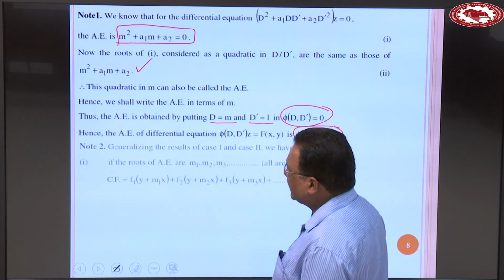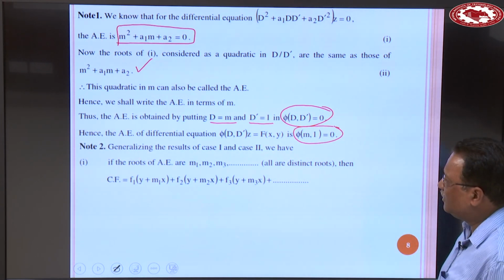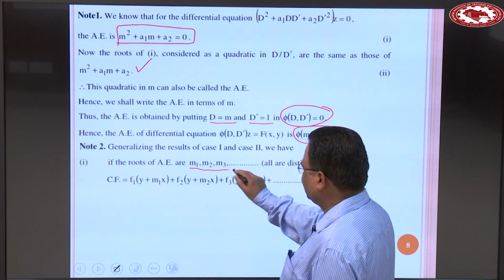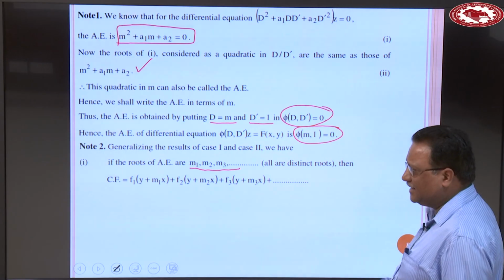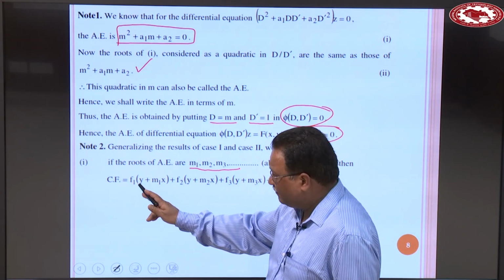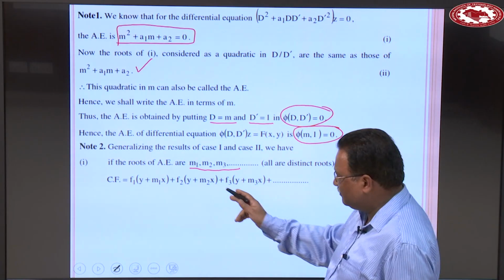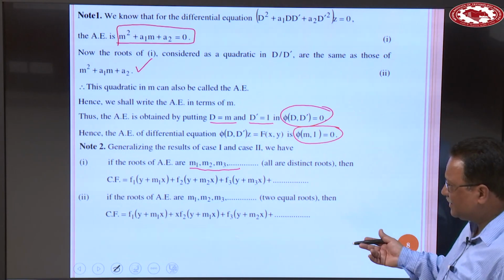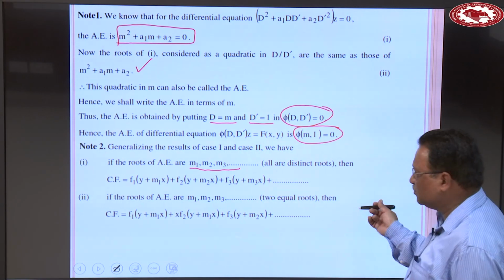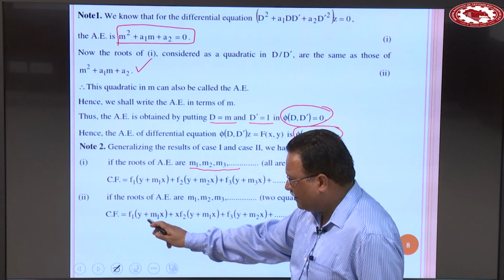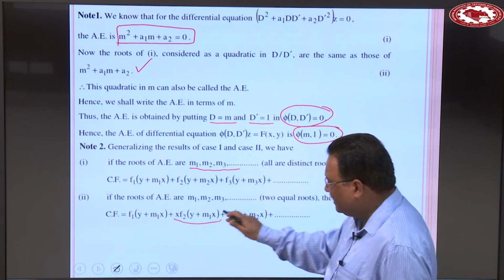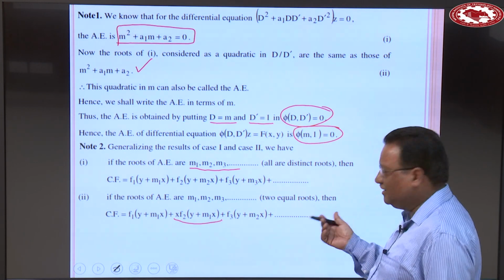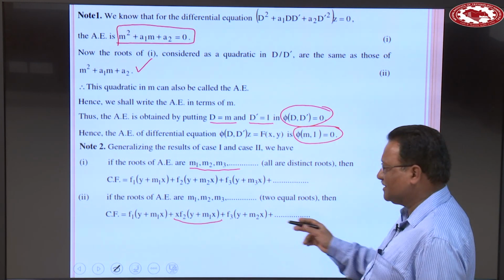And the second one is, if we generalize the results of case 1 and case 2: if the roots of the auxiliary equation are m1, m2, m3 and so on, all distinct, then the complementary function can be written as f(y + m1x) + f(y + m2x) + f(y + m3x) and so on. If the roots m1, m2, m3 have 2 equal roots, then f(y + m1x) + x f(y + m1x), and the other roots are different, so plus f(y + m3x) and so on.